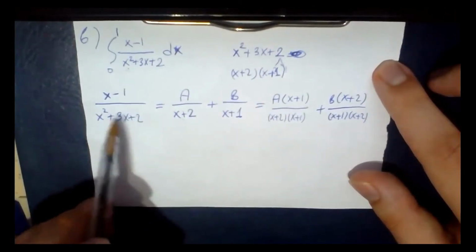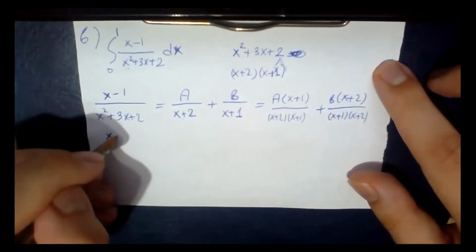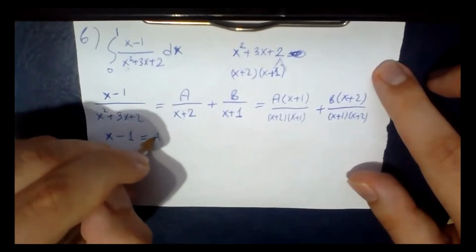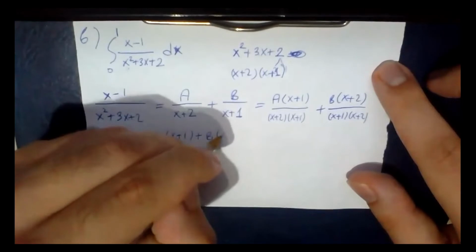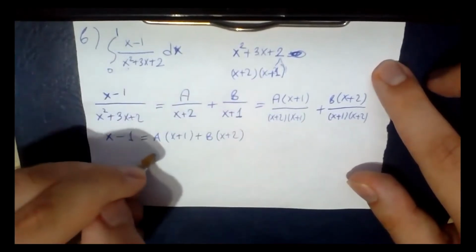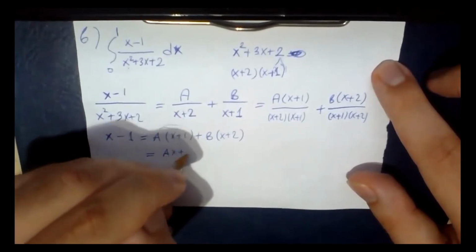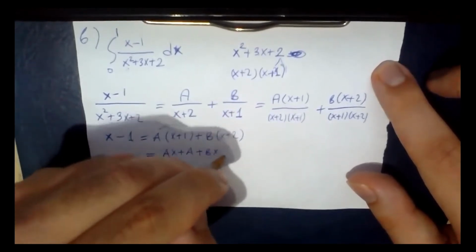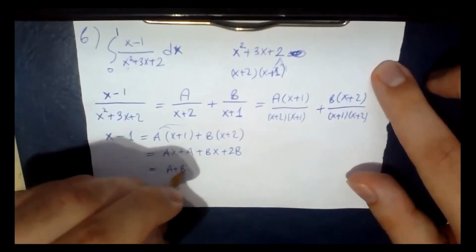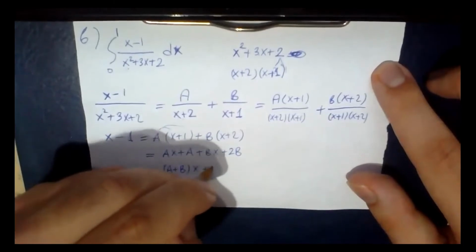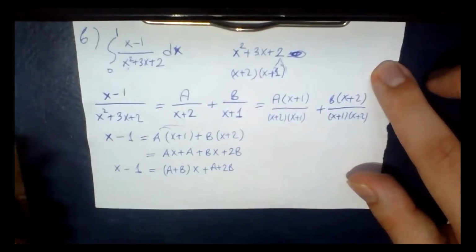So all the denominators are now equal to each other, so x minus 1 should be equal to a times x plus 1 plus b times x plus 2. If we distribute it, ax plus a plus bx plus 2b, which is equal to a plus b times x plus a plus 2b, should be equal to x minus 1.